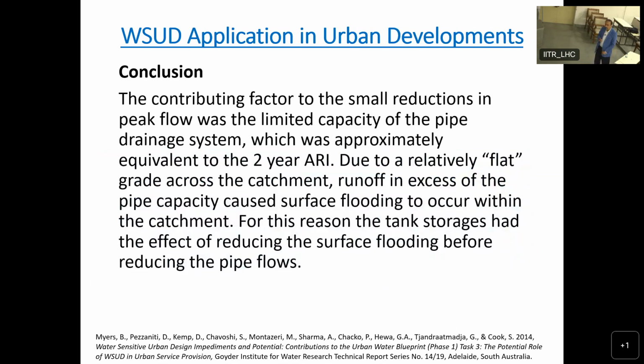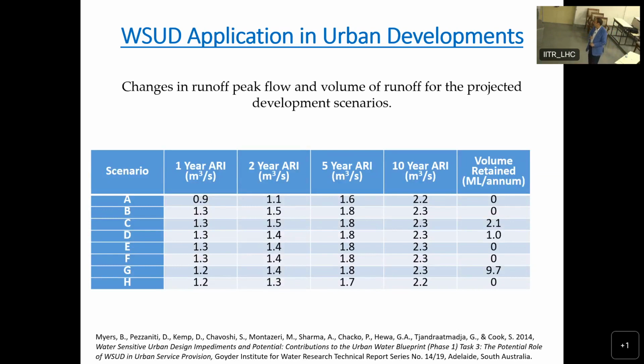What is ARI? Average recurrence interval, the return period. So that table was showing how much volume is retained. Last column, volume retained in million liter per annum. So basically, in this case, we are using rainwater tanks for internal applications.